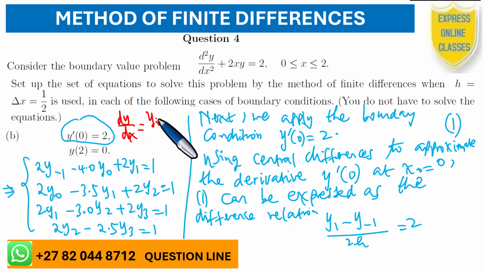We said this one is yi plus 1 minus yi minus 1 divided by 2h.